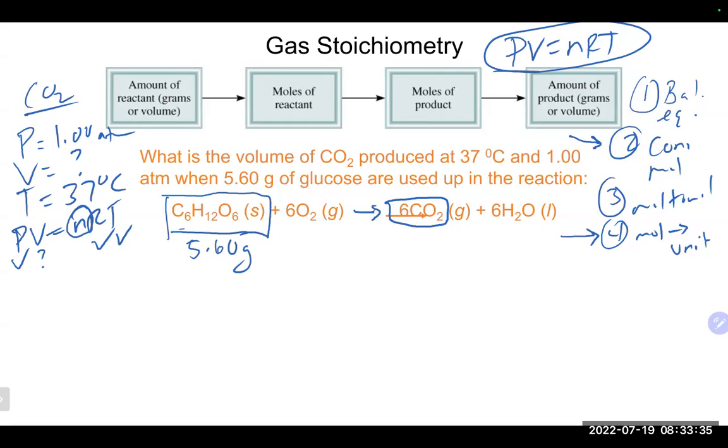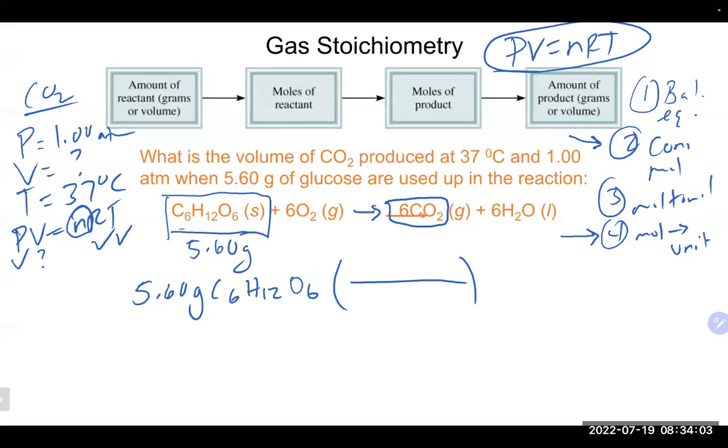The equation is balanced. We would then take the 5.6 grams of our glucose and convert it into moles. And we would get the molar mass from the periodic table. That is 6 times 12.01 for the carbon, plus 12 times 1.008 for the hydrogen, plus 6 times 16 for the oxygen.